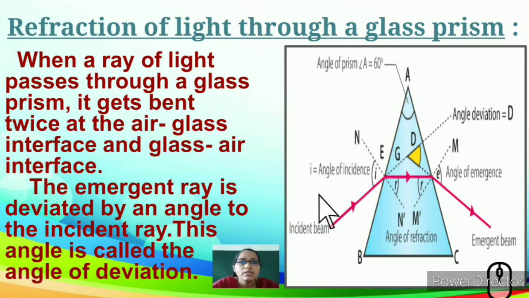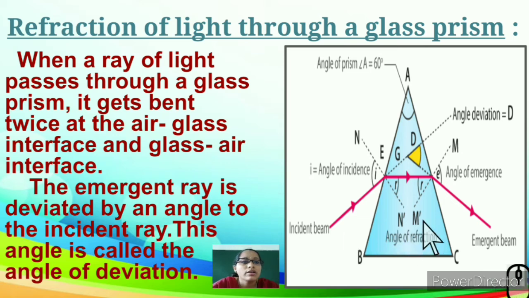So now we will see about refraction of light through a glass prism. What happens here is, when a ray of light passes through a prism, it gets bent twice. Once when entering into the prism, and once when going out through the normal plane.